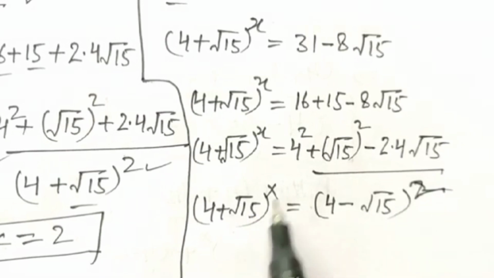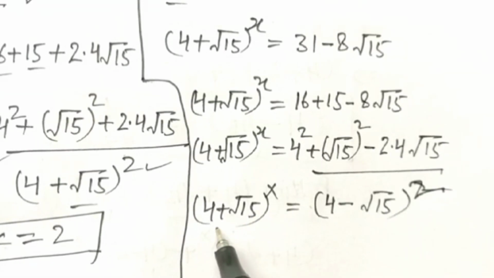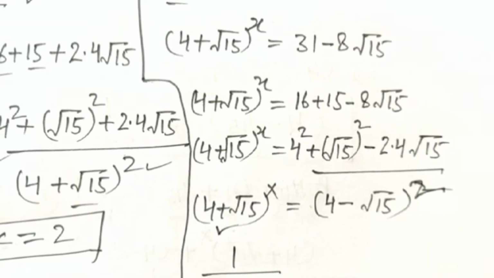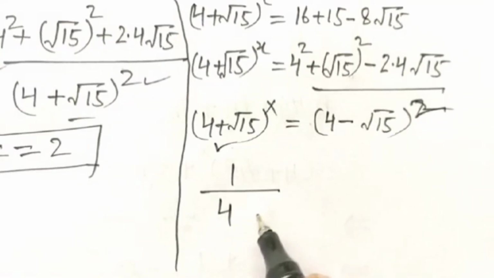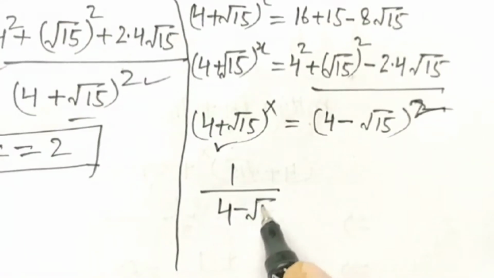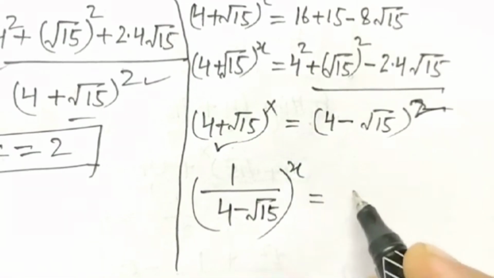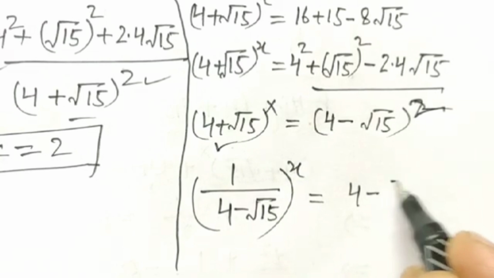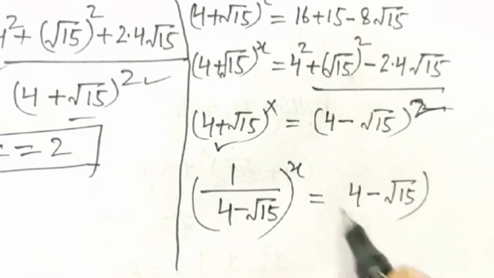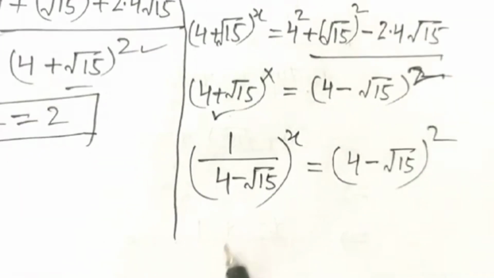As this is equal to 1 over (4 - √15), (4 + √15)^x is equal to (4 - √15)².